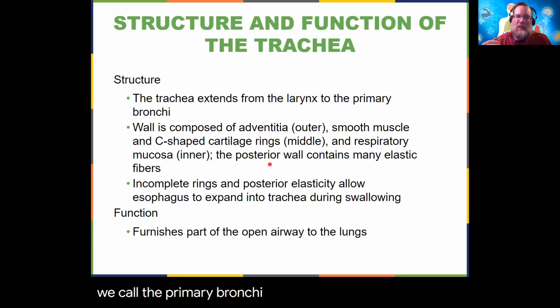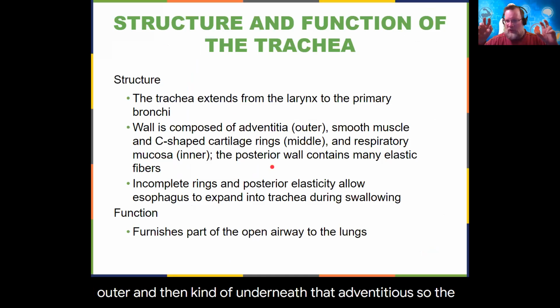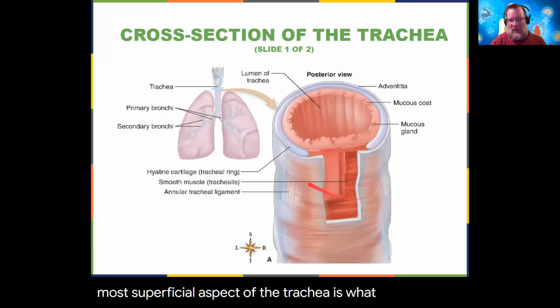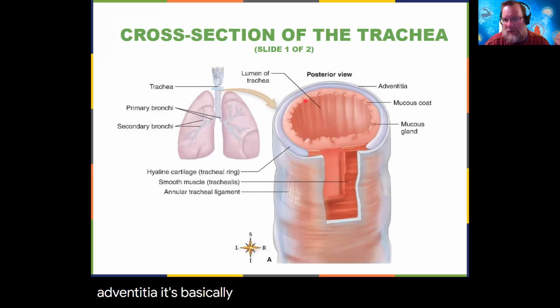And we're going to see the wall of the trachea has what's called the adventitia, the outer layer. The most superficial aspect of the trachea is this adventitia. It's a lot like, almost like fascia.